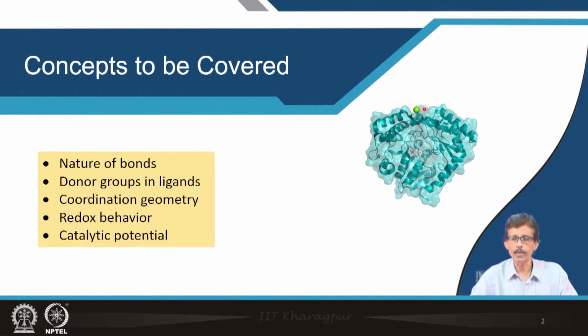So, this particular metal ion is in a 3-dimensional huge structure, and maybe it is inside that structure or maybe on the surface. How does that metal ion form bonds, whether you can have redox behavior, and whether you expect catalytic potential from that metal ion or not? What is that?